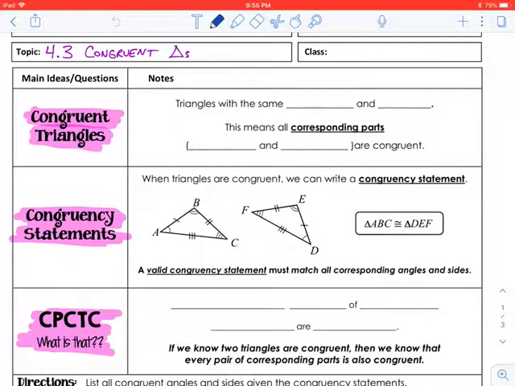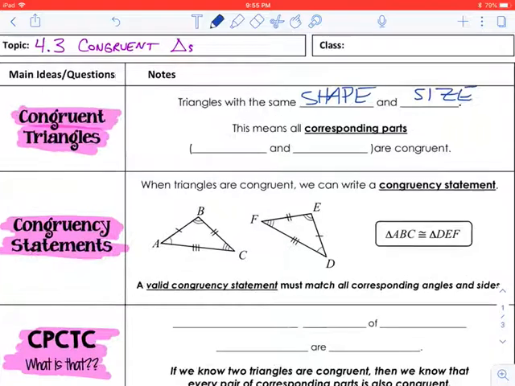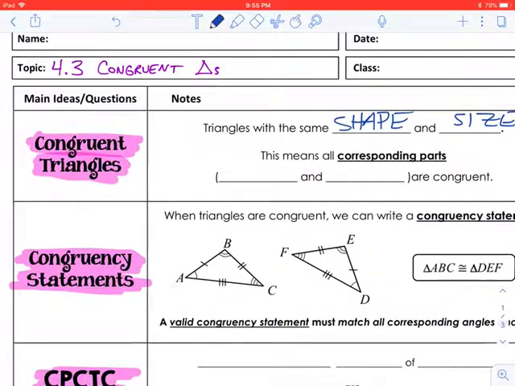Congruent triangles are two triangles with the same shape and size. What that means is that the corresponding parts, so all of the angles and all of the sides, are congruent.